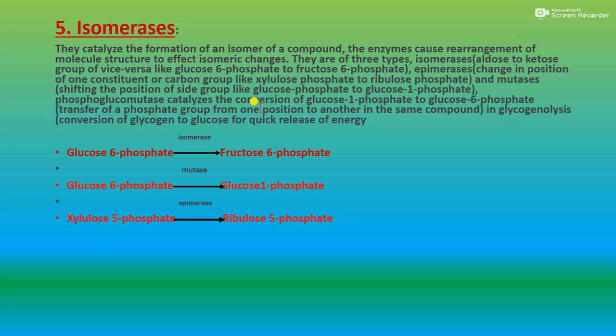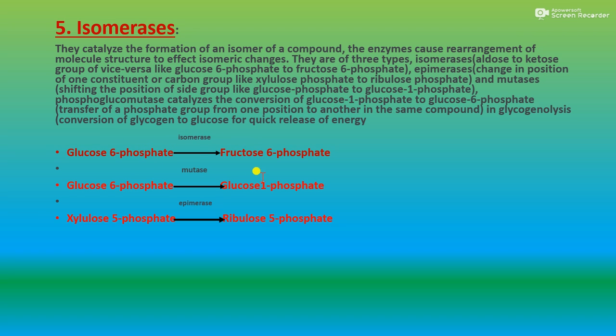There are three types. First, isomerases convert aldose to ketose or vice versa, like glucose 6-phosphate to fructose 6-phosphate. Only an isomeric change occurs in this group.